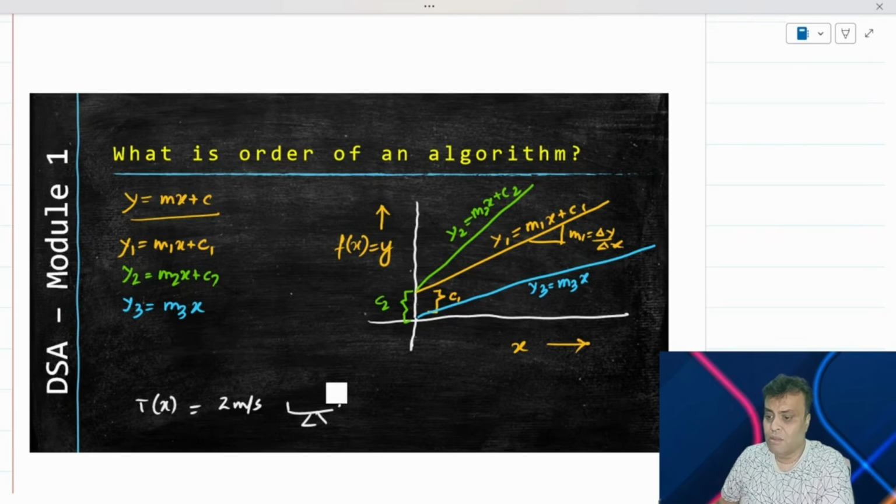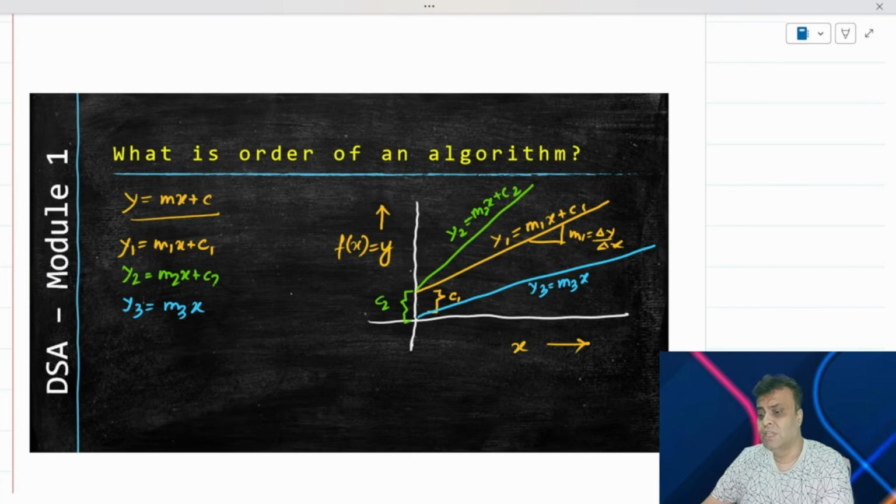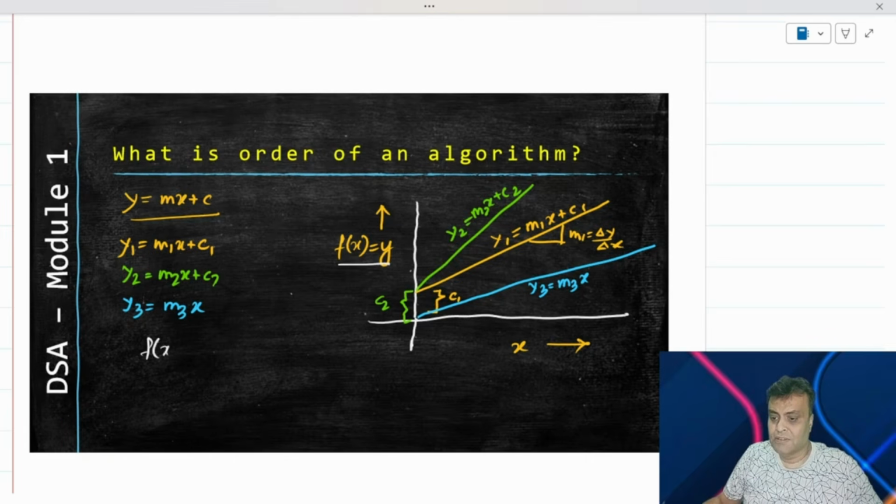For now, what I am trying to hint at is that the time taken by this algorithm is typically going to be expressed as an order of several factors. What those factors are is what we are trying to see now. Before we go into seeing those factors, can we appreciate the fact that fx equal to y is saying that fx is dependent on x?